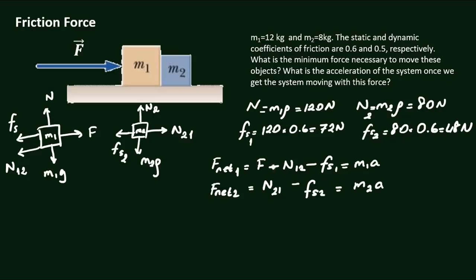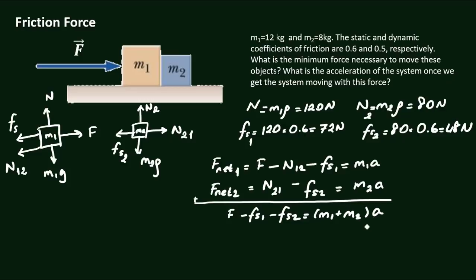So what happens if we add these two equations side by side? N12 cancels this N21, so we get F minus Fs1 minus Fs2 equals (M1 plus M2)a, right?